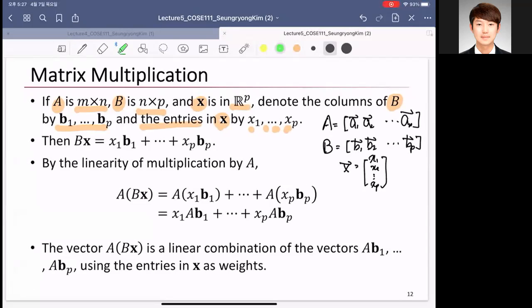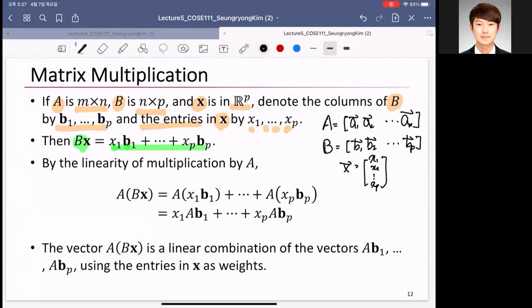First of all, we already know B times X in a vector equation is X1 times vector B1 plus X2 times B2, up to XP times BP.